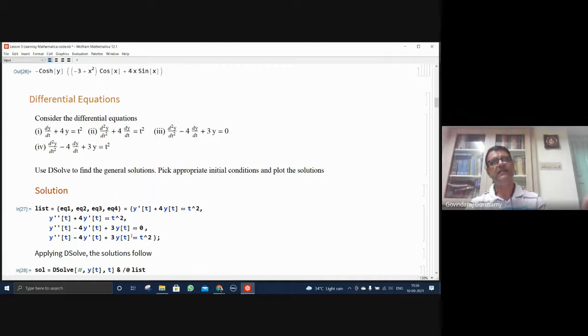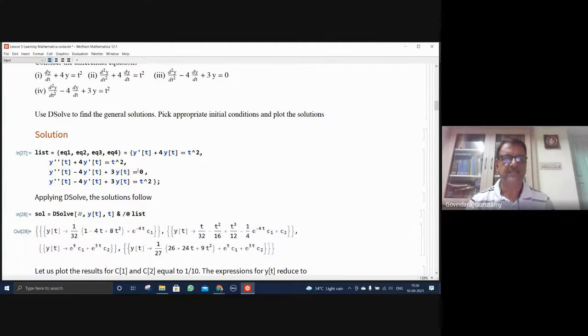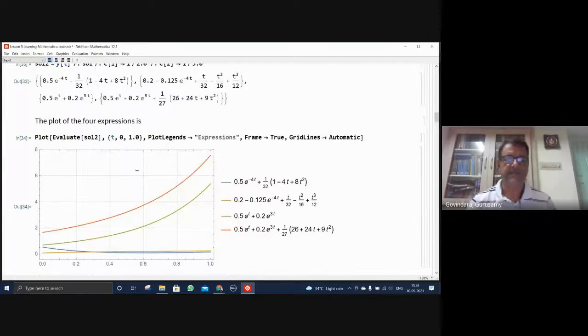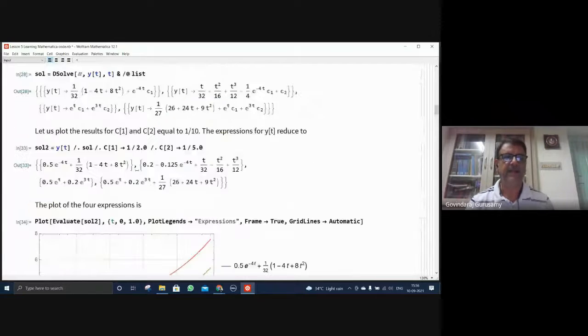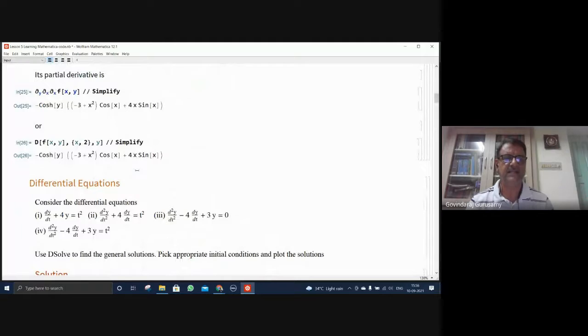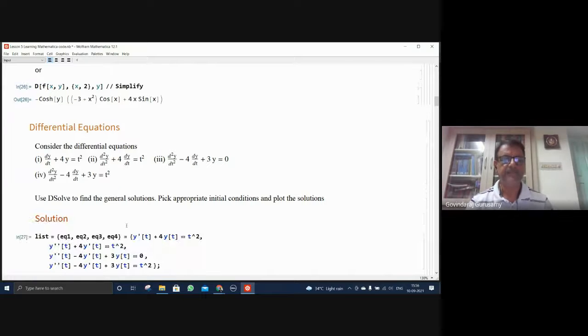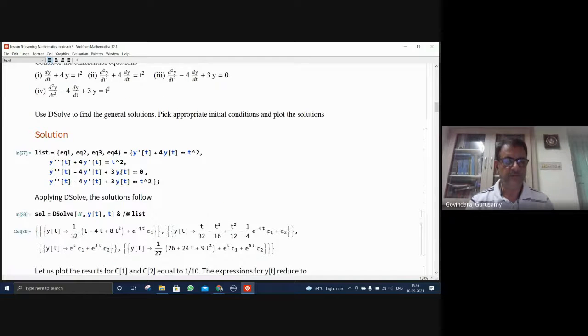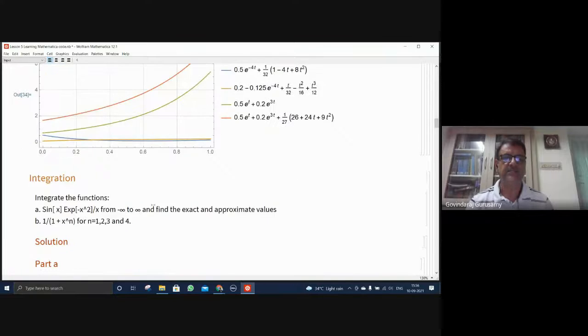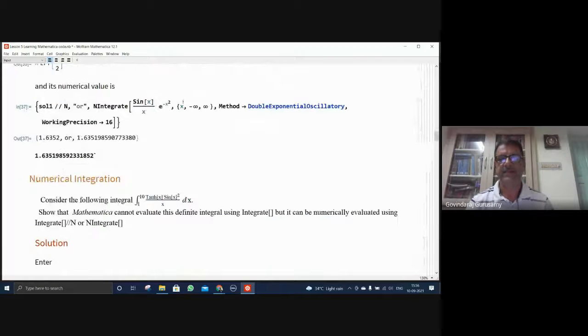There is a methodology given that you should try to understand, and verify whether Mathematica gives correct results or not. Similarly, for integration, take any standard integrals one by one and check whether it performs the integration or not. If it doesn't, then you have to look for the methodology, alternate things should be defined. For example, this is a method here.